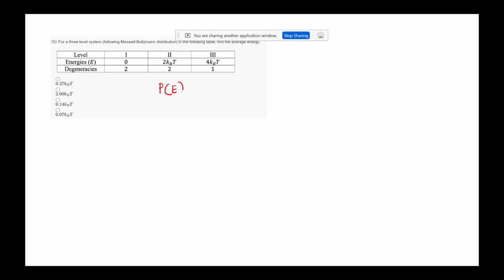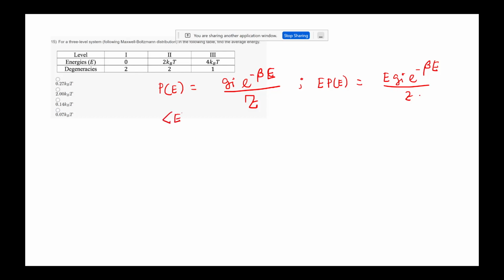P of E is g_i, if there is degeneracy, e to the power minus beta E divided by Z. So E P(E) will be E g_i e to the power minus beta E by Z. So average E is the sum over all E P(E) pairs.